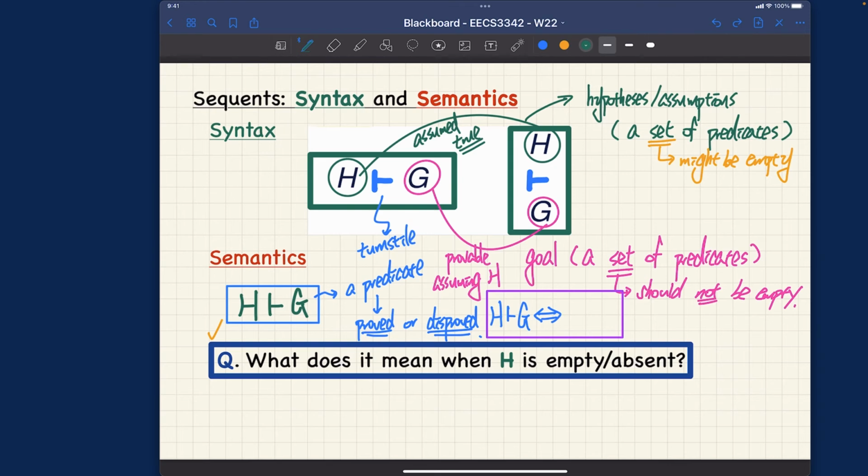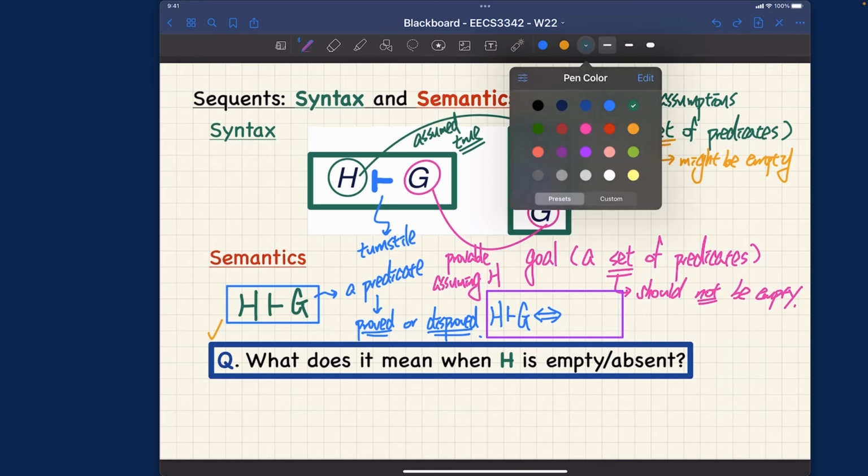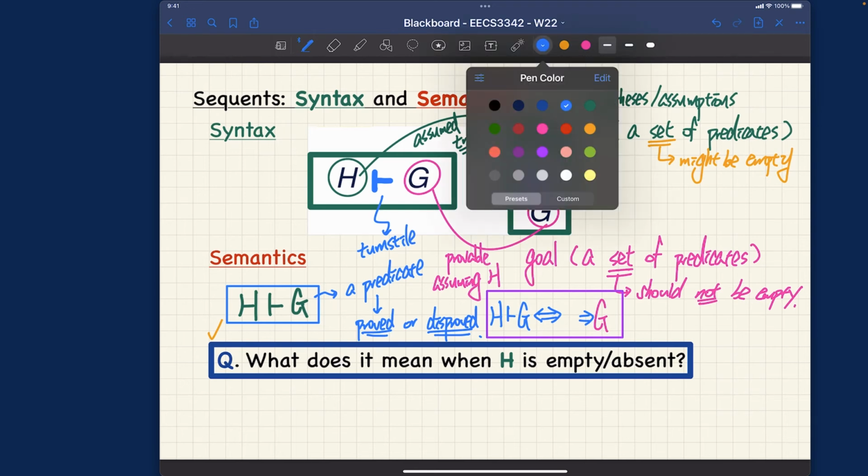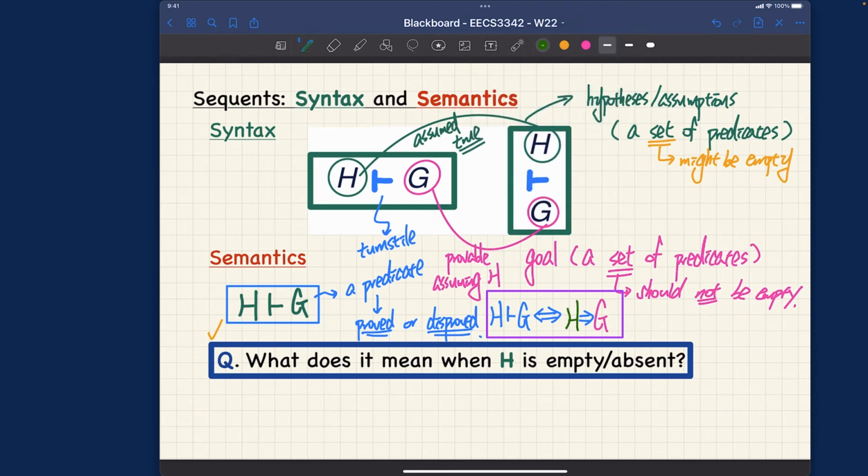Well, hopefully you already realize that the informal meaning that we described in the slides basically corresponds to implication, right? We're basically saying the following. We're saying that in order to prove that G is actually true, it would be sufficient if H is actually true, right?